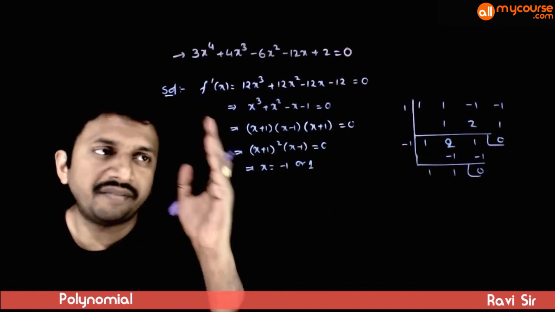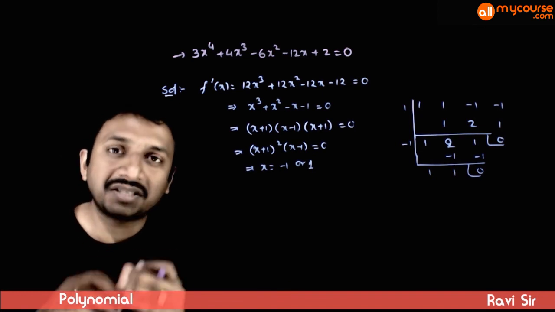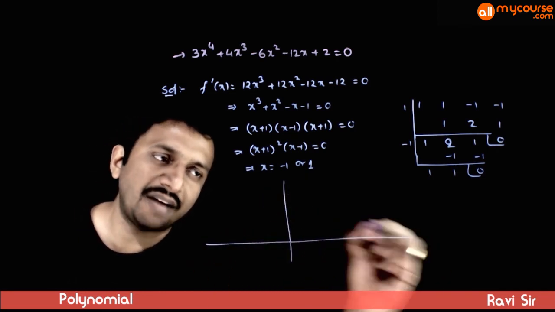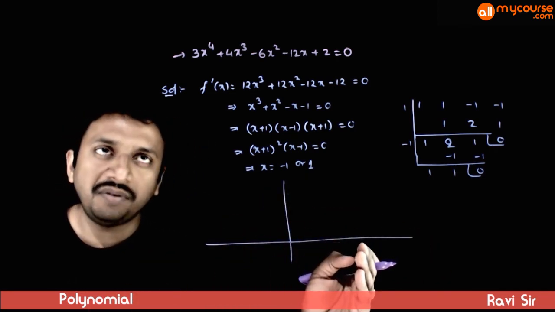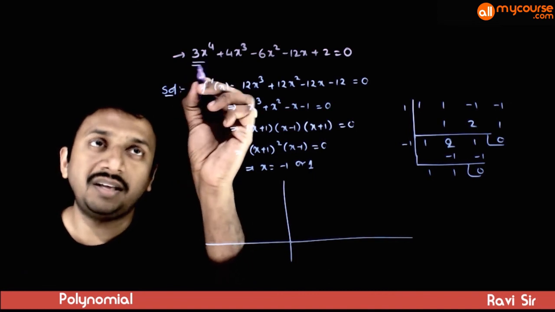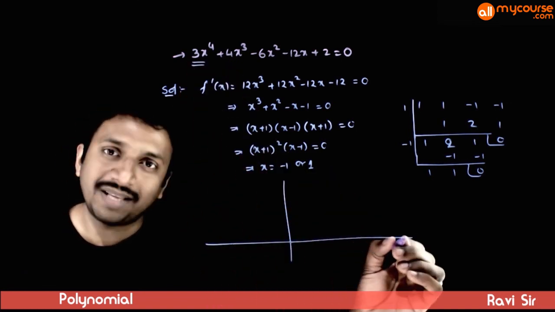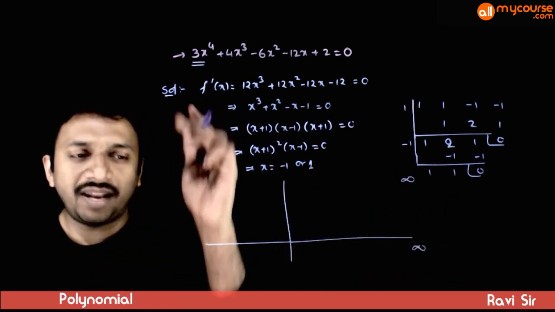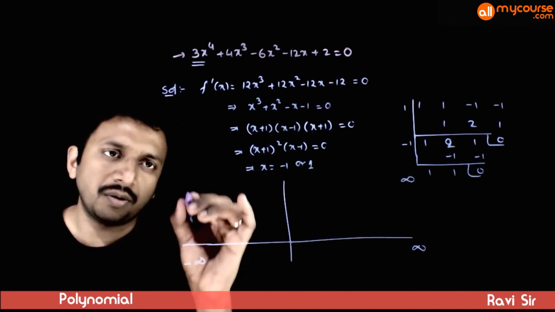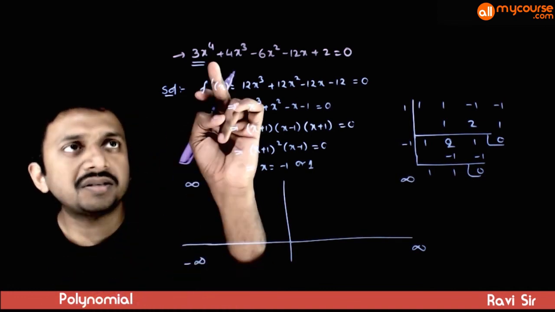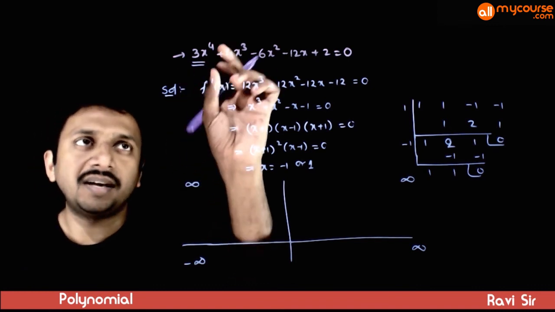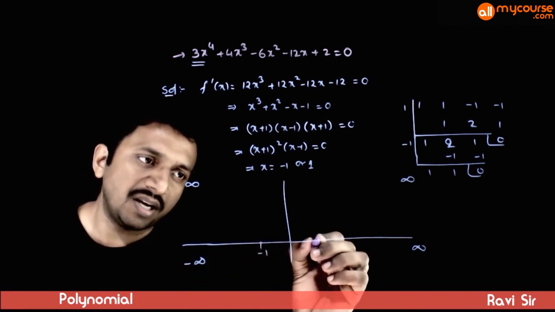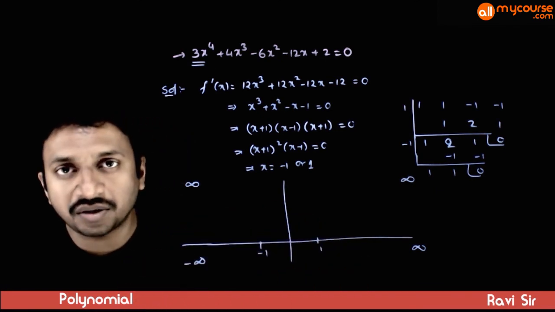So once we have solved f dash of x is equal to 0, let us try to analyze the graph of this function. If you draw the rough graph of this function, as x tends to infinity, f of x also tends to plus infinity. And when x is equal to minus infinity, also y is plus infinity, because the leading coefficient is positive and the degree is even. Now at x is equal to minus 1 and plus 1, f dash of x is equal to 0.